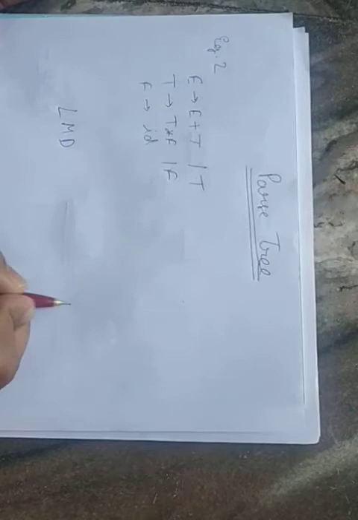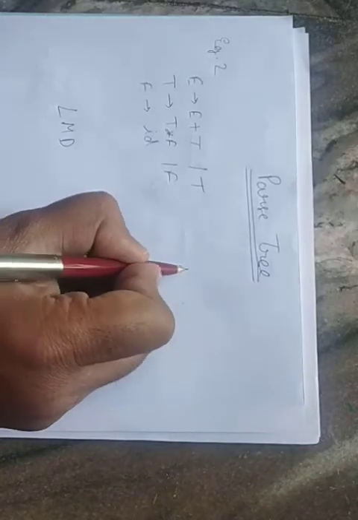Now I am going to design the leftmost derivation tree and the rightmost derivation tree, both derivation trees, for this particular grammar. LMD, RMD. Whenever I want to design any tree, be careful, we require one string.